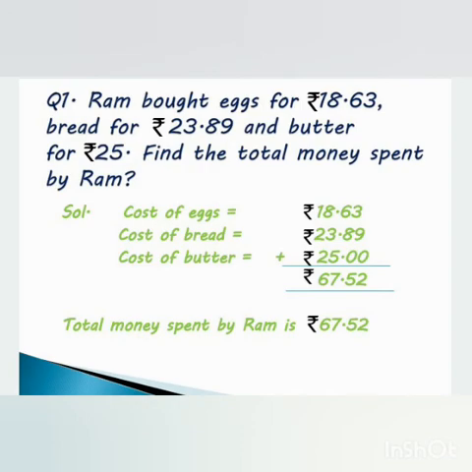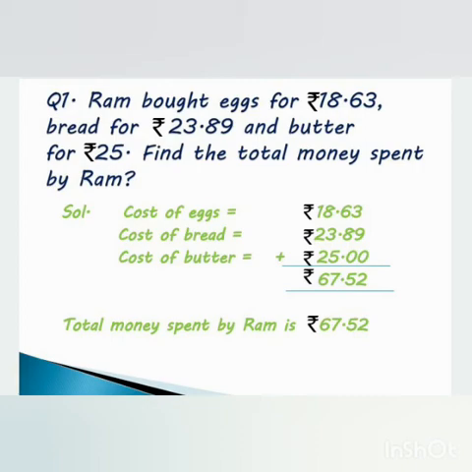For example, Ram bought eggs for 18 rupees 63 paise, bread for 23 rupees 89 paise and butter for 25 rupees. So find the total money spent by Ram. For solving this, we are going to write all the information given in the question first.